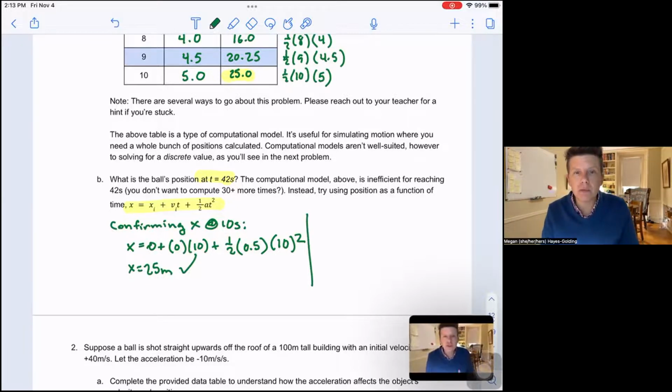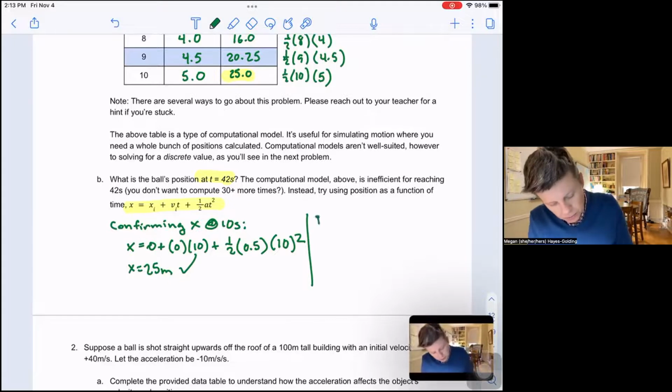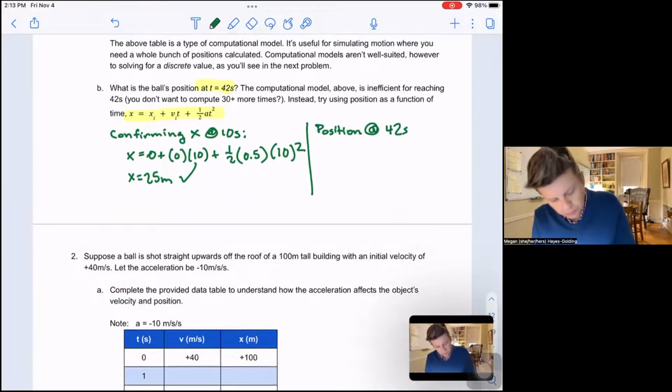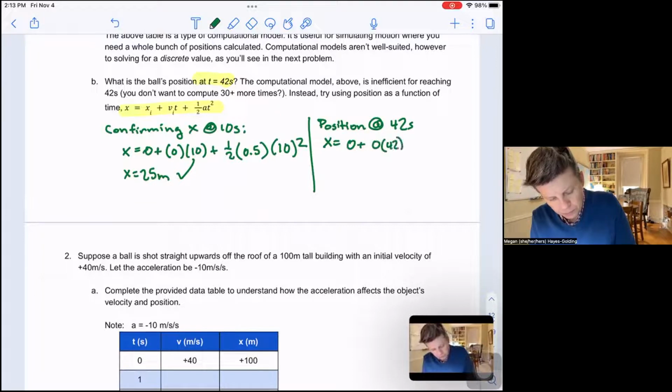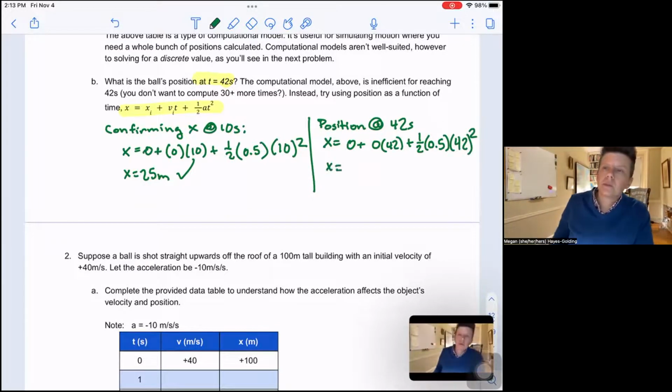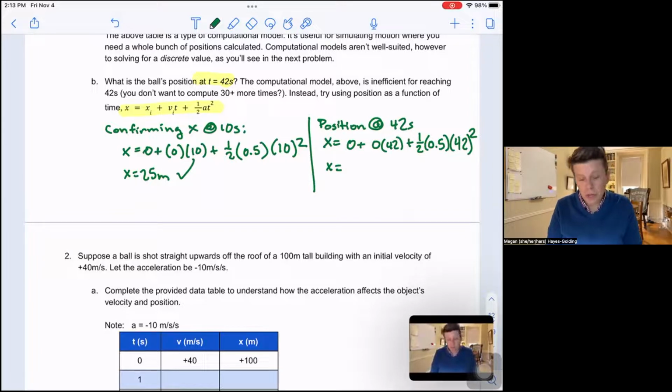The position of this object at 42 seconds. Let's go ahead now and calculate 0.5 times 0.5 times 42 squared.